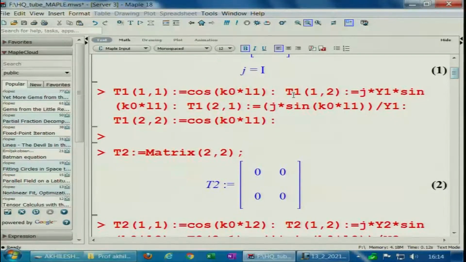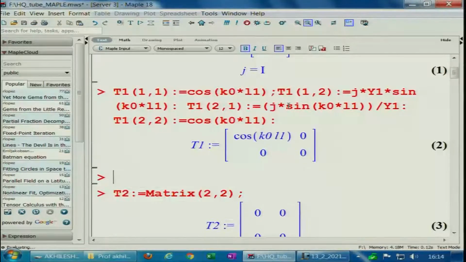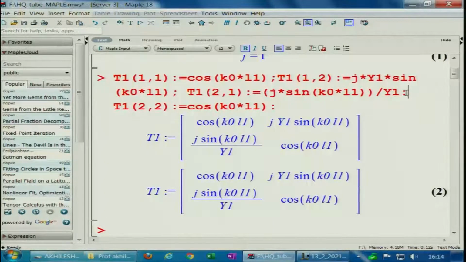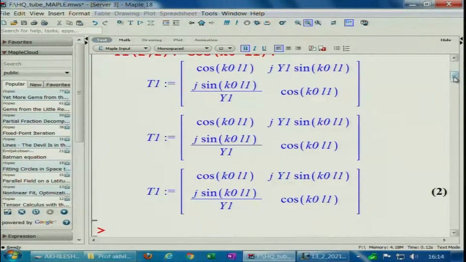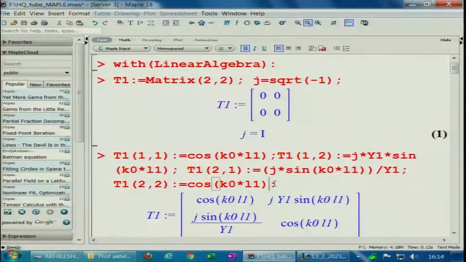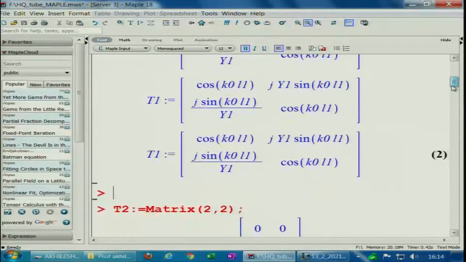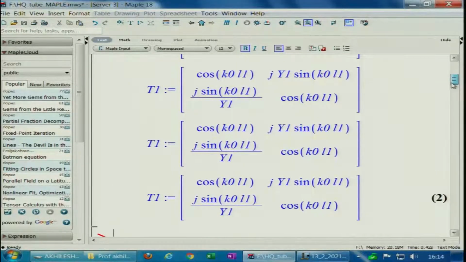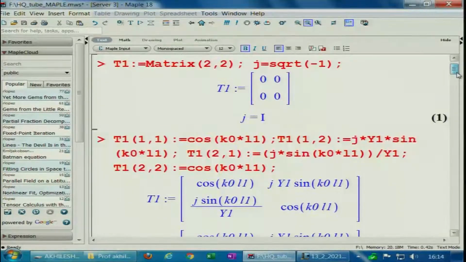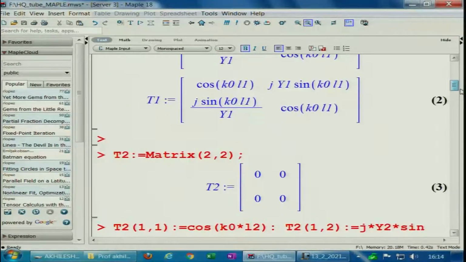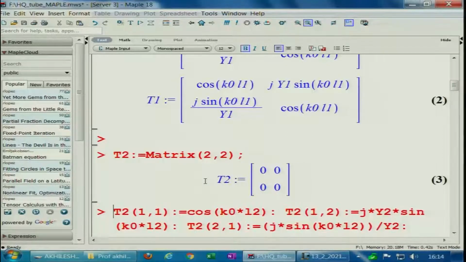So, here we will get your T1. Let me just uncomment this. So, T1 is this thing, this guy will be this, and this will be this. We get this T1 matrix something like this, and then your T2 matrix is also defined like this.